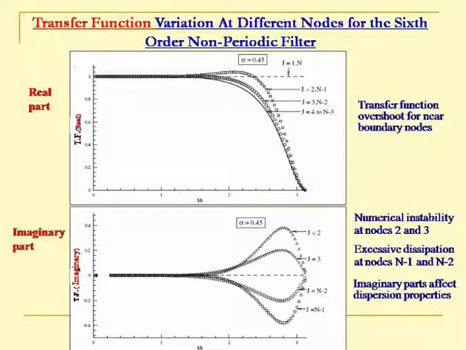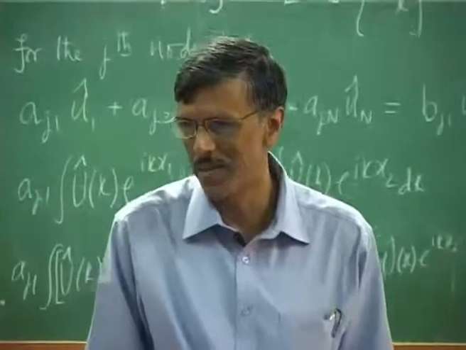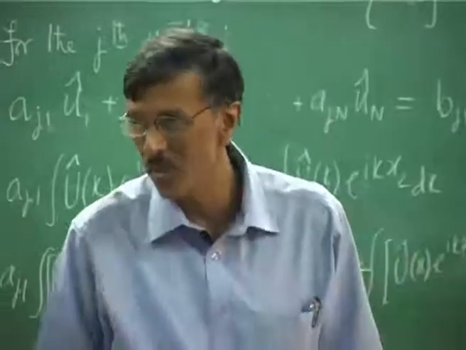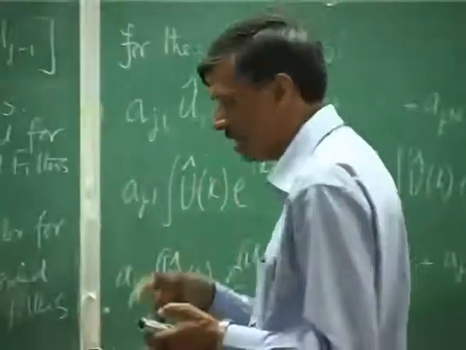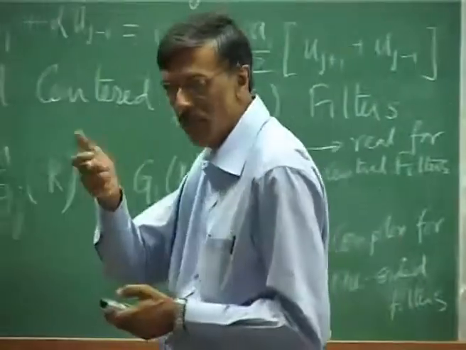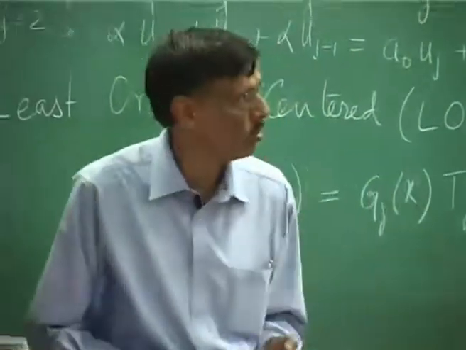Now, another thing that I did not talk about is that this is a post-processing operation. We are doing numerical calculation. After every time step, we can use a filter. So, the option remains with us. We can also not use a filter after every time step. So, the frequency of filtering is also an additional degree of freedom in your armory to actually control the quality of the solution.